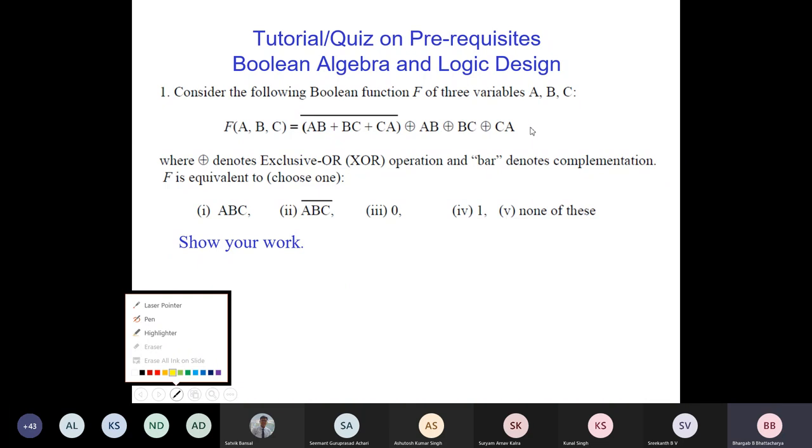You are asked to simplify this relationship. The solutions are given, you have to choose one of them. So F is equivalent to, choose one. Please work out this problem, and whoever can do it first, please discuss.